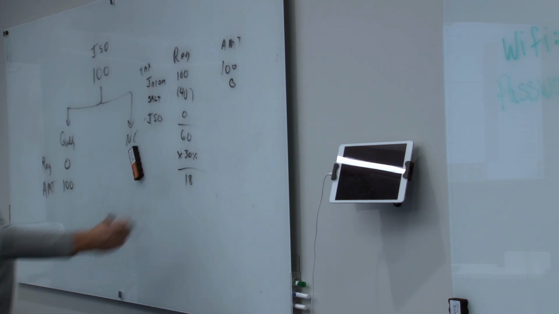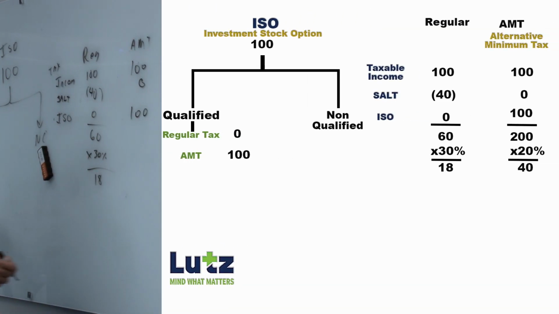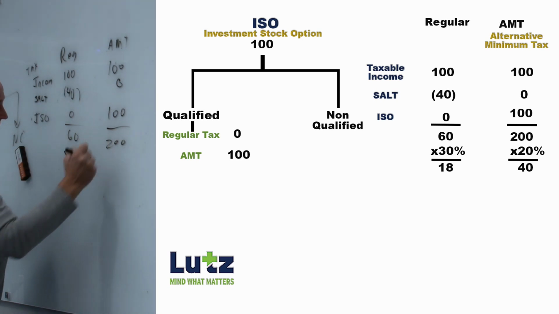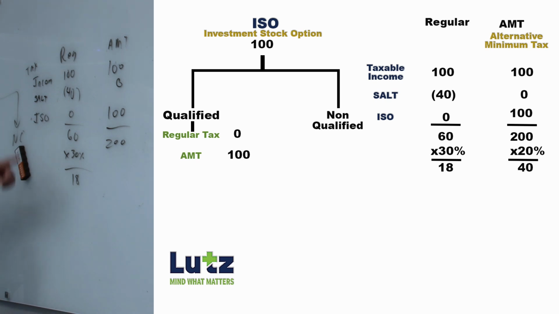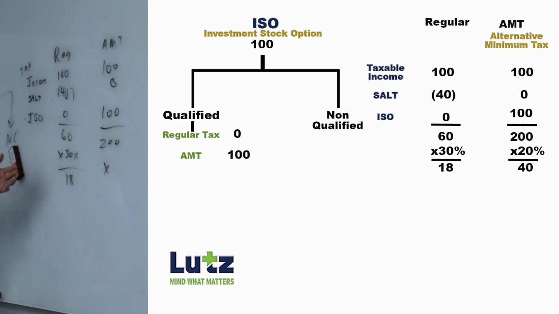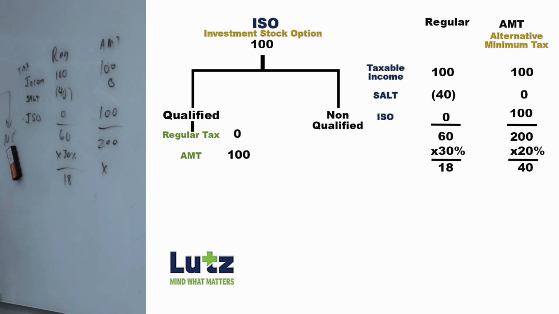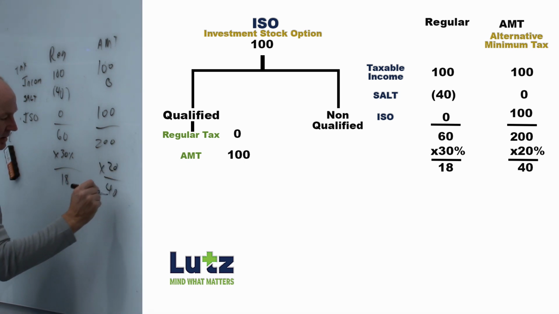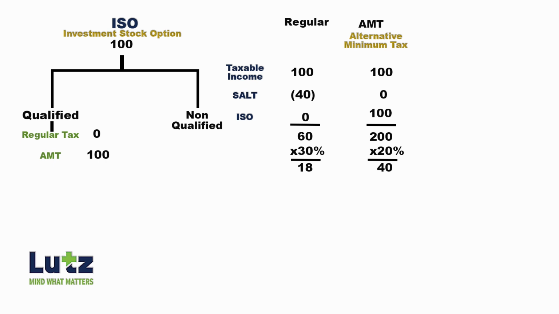Then I have $100 of income because of my ISO, which gives me $200 of AMT taxable income. I'm going to say AMT comes in at a lesser rate. They use a different rate system of 20%, so $40. Under the AMT calculation system, there's $40 of tax.